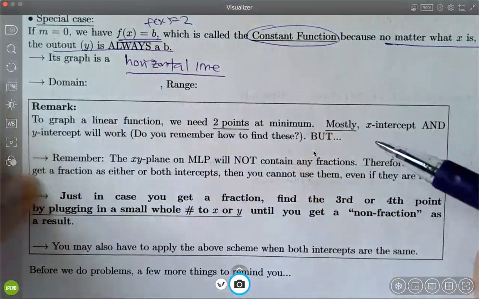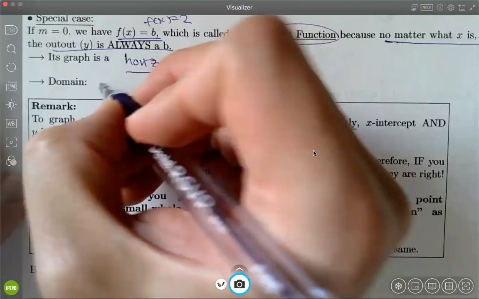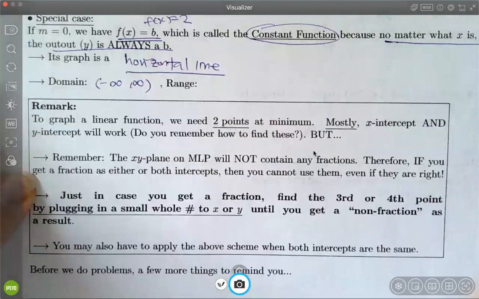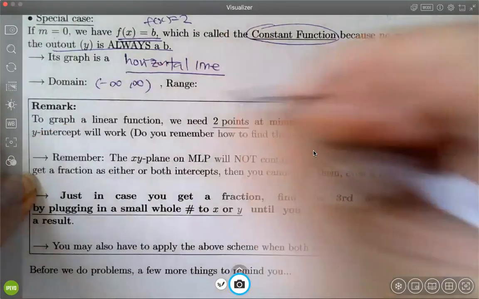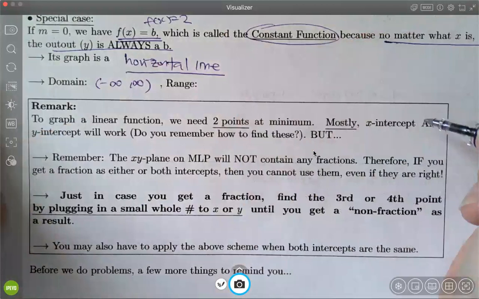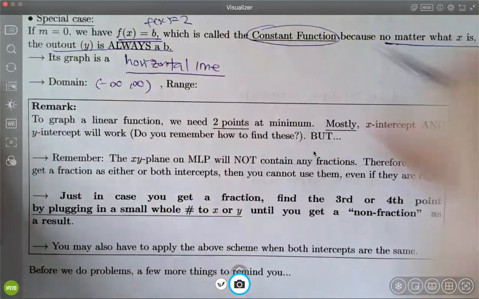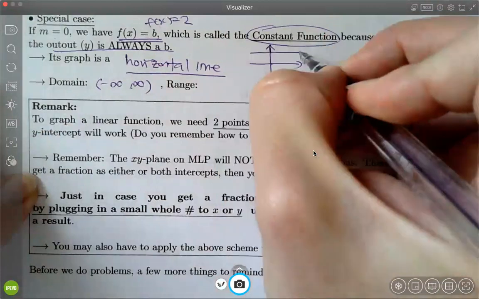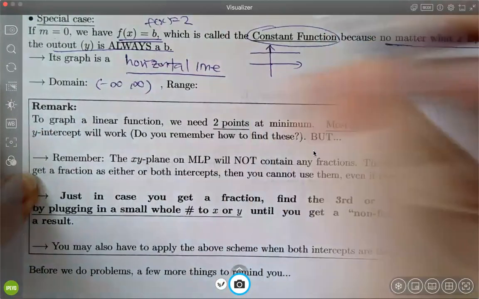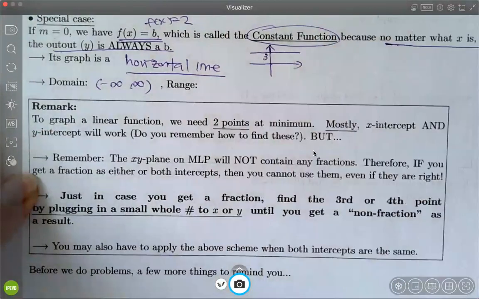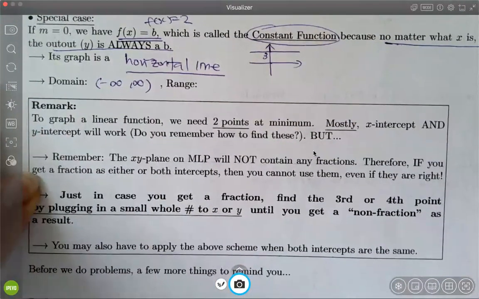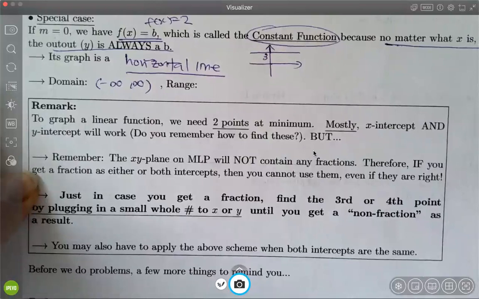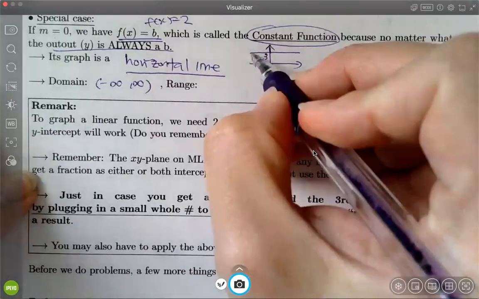Now the domain is everything. Is the range everything as well? The answer is no. Remember this kind of horizontal line, and suppose this point is, say, 3. Range is the y value, right? What is the only y value that lies on this line?